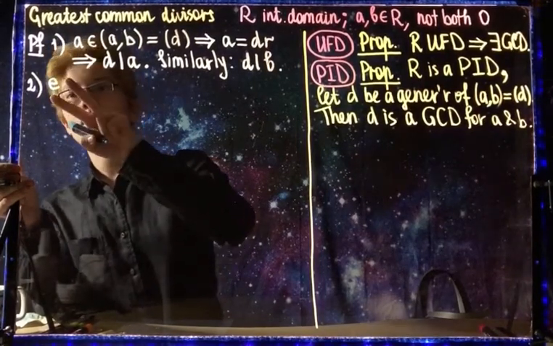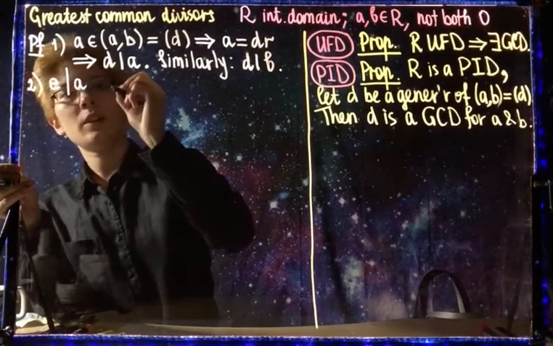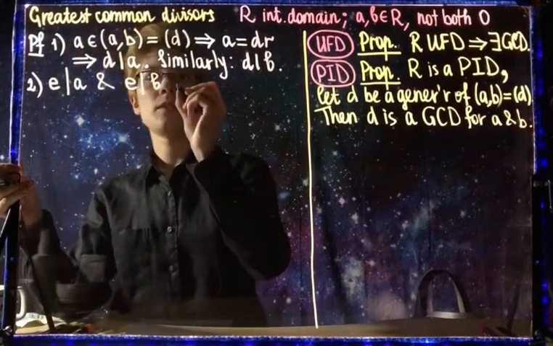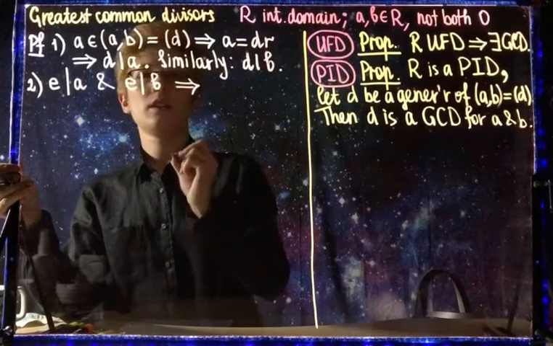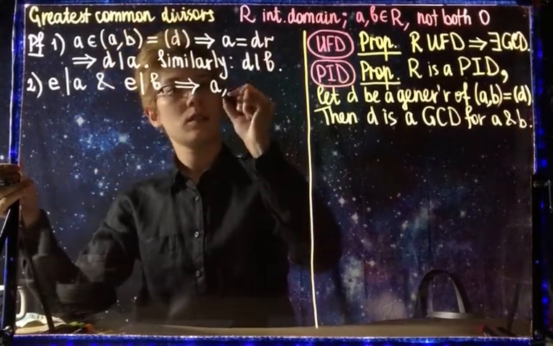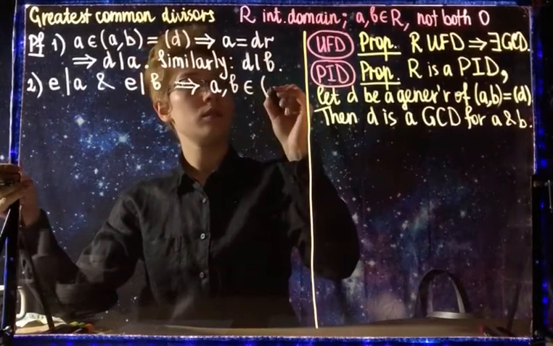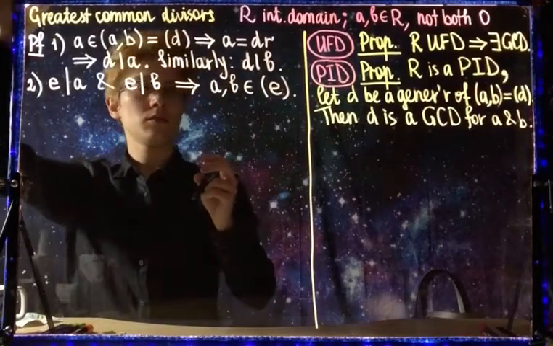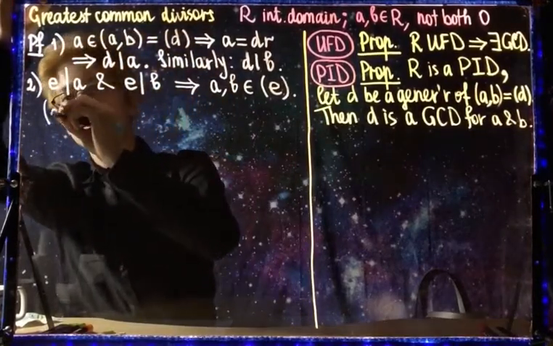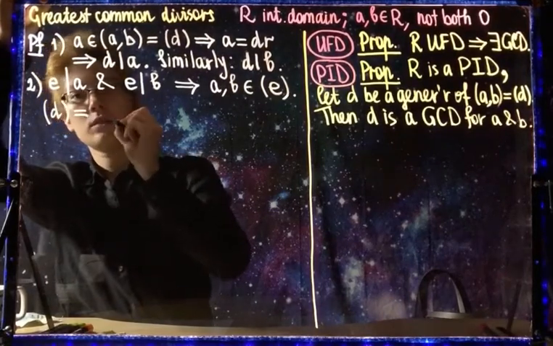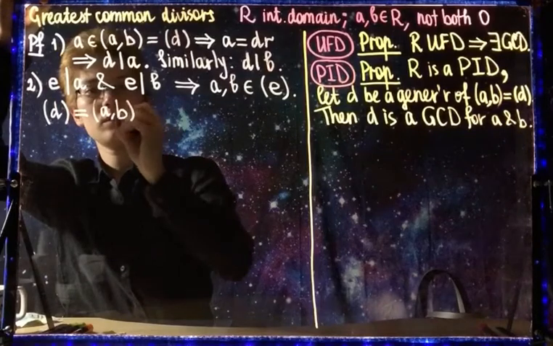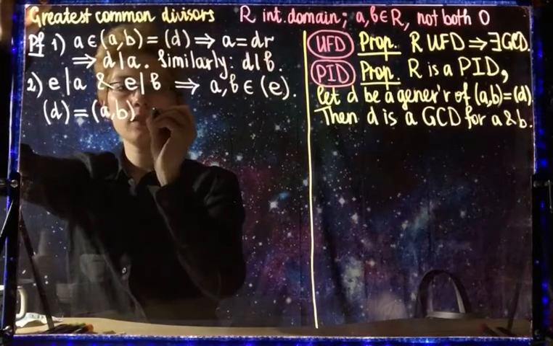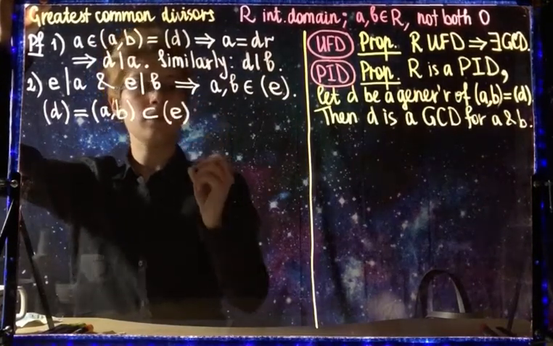Let's assume that some element E divides both A and B. It means that both A and B belong to the ideal generated by E. But this means that the ideal generated by D, being equal to (A, B), since the generators of this ideal belong to (E), this whole ideal is contained inside (E).